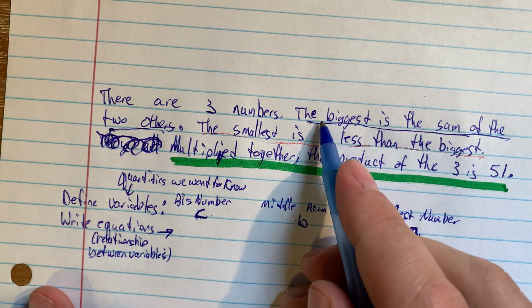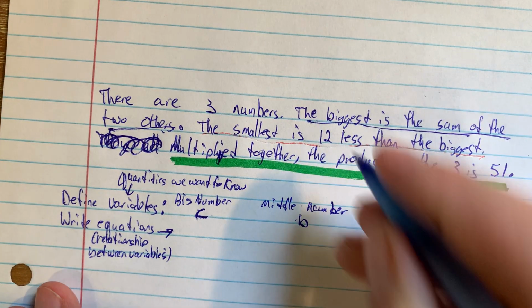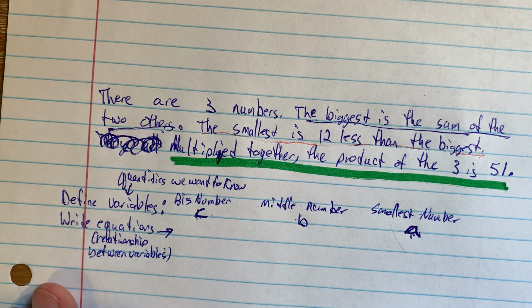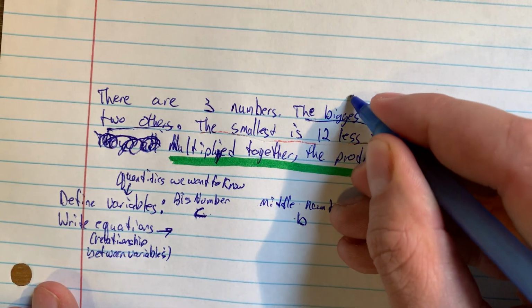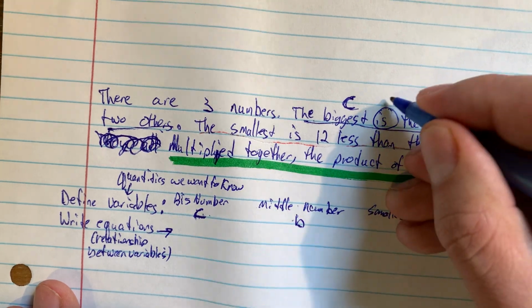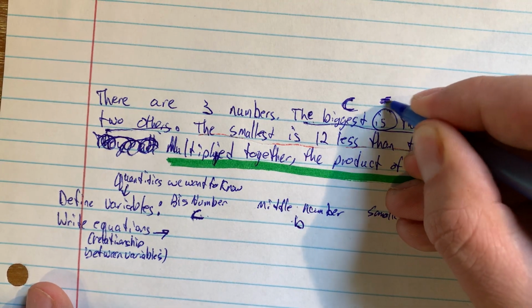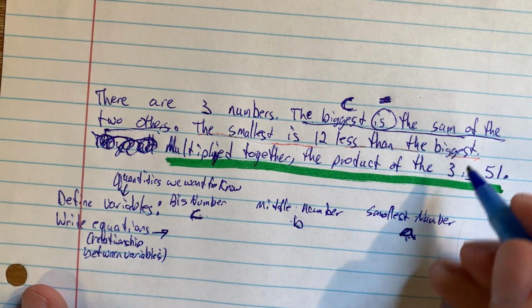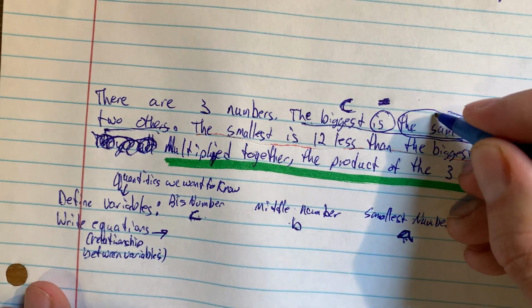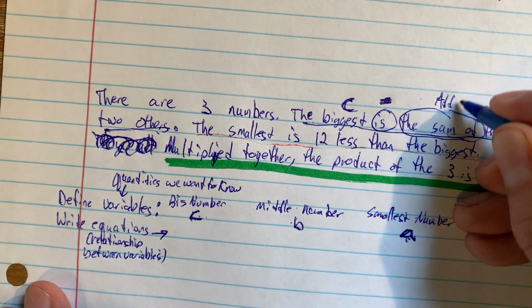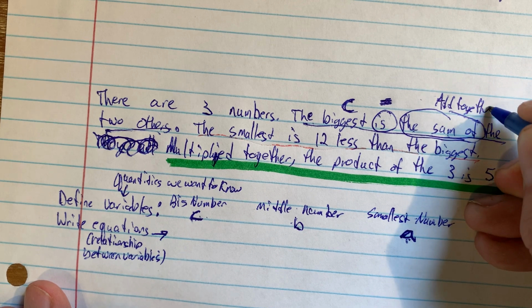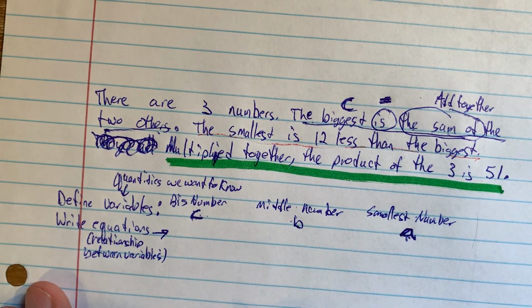Well, here's one. The biggest number, what variable is that? The biggest number I said was C. So the biggest number is, that means it will be equal to the sum of, which means add together, the 2 others. So what are the 2 others?